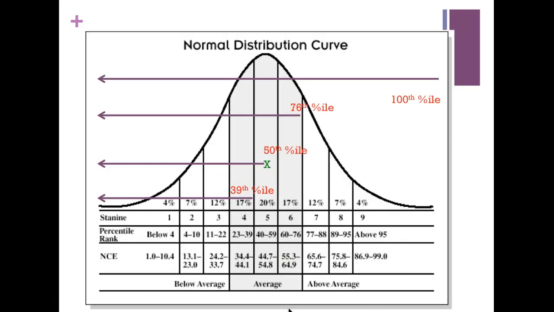So if you look at Stanines, the standard deviation, this is the 2 right here. 1, 2, 3, 4, 5, 6, 7, 8, 9. You have your 9 Stanines, and each Stanine is related to a level of performance: below average, average, and above average.